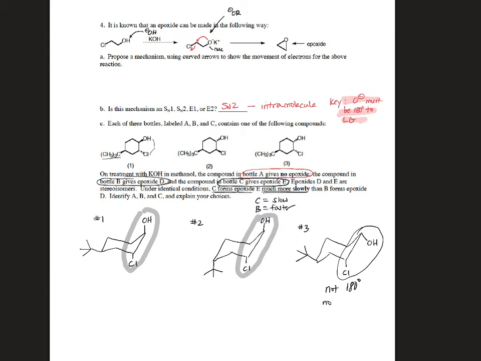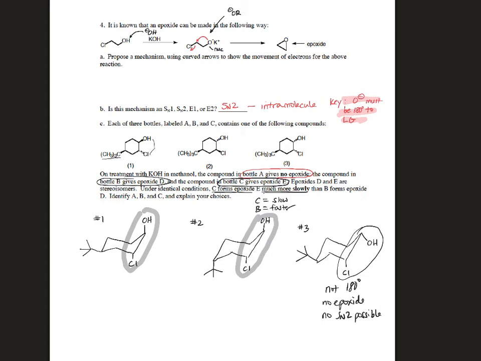This is going to give no epoxide. And the reason for that is there's no SN2 possible. If I chair flip it, the OH is straight up, but the chlorine's equatorial, so they're still not 180 degrees apart. So number 3 will never work. So that's the one that gives no epoxide.